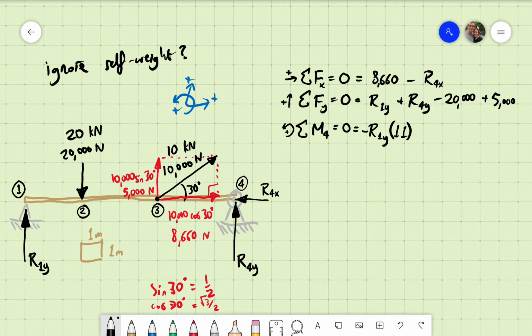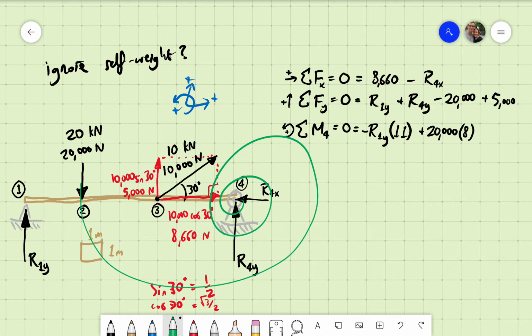Okay, the next one, working our way along, we got a positive 20,000 times 1, 2, 3, 4, 5, 6, 7, 8 times 8 meters. That's coming from this one going this way. What else?